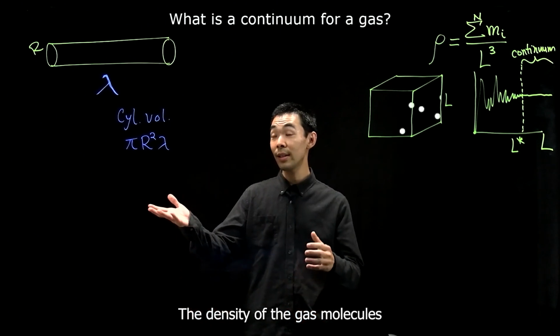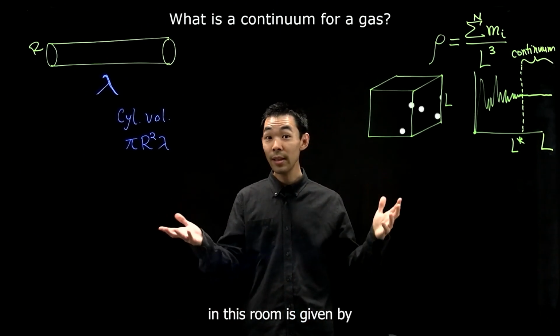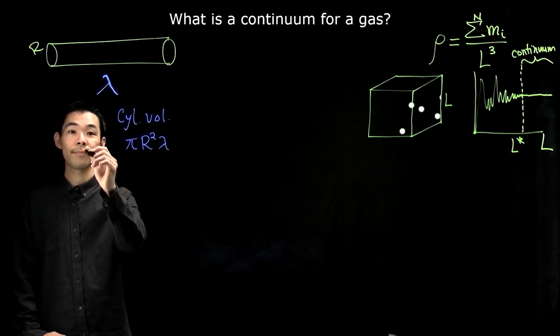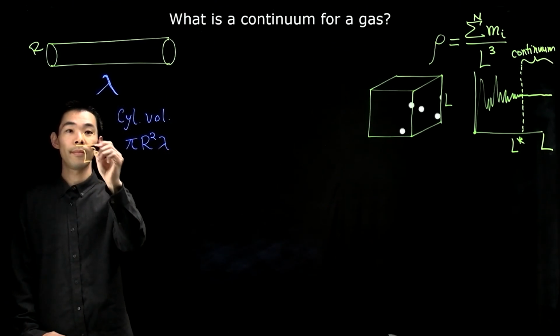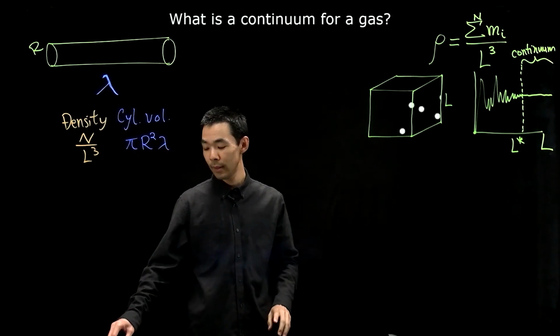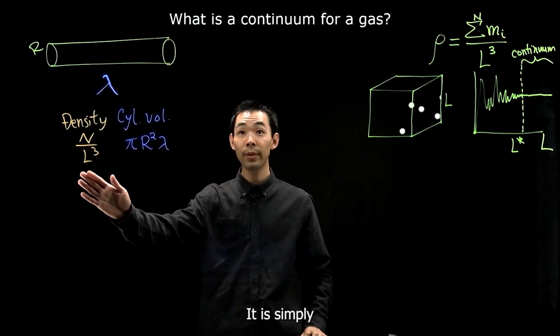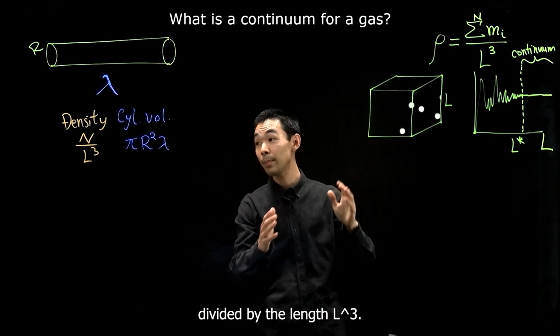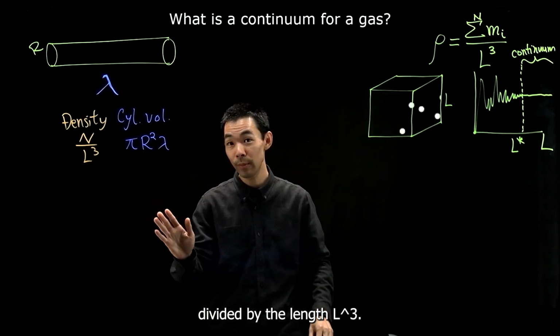And the density of the gas molecules in this room is given by it is simply the number of molecules inside this box divided by the length L cubed.